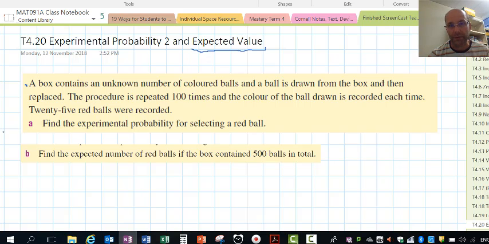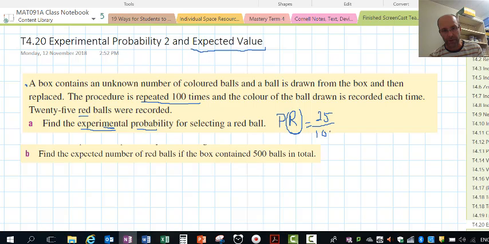In the previous video we also looked at an example, the one you can see here. You might remember we had a box with a certain number of coloured balls, and they're drawn and then replaced. That was repeated 100 times, and the colour of the ball pulled out was recorded each time. 25 red balls were recorded out of 100, and the experimental probability of red was 25 out of 100.